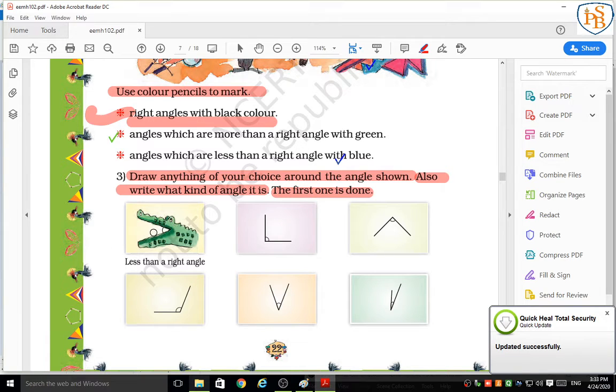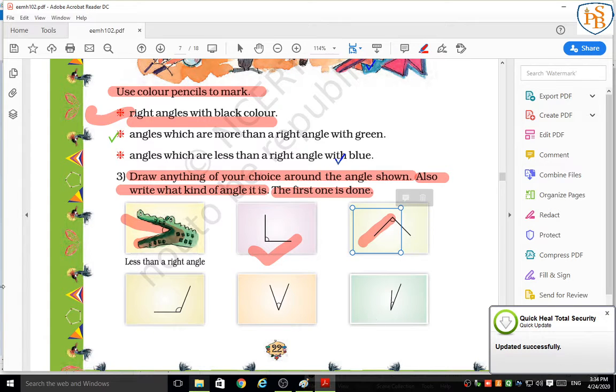Yes, this angle is less than 90 degrees. Correct. If we see over here, this angle shows less than 90 degrees, and by using angles they made one picture of a crocodile. So by using these different types of angles, here this angle is an accurate right angle, correct? It shows what?